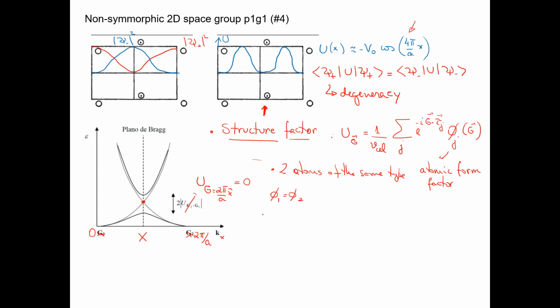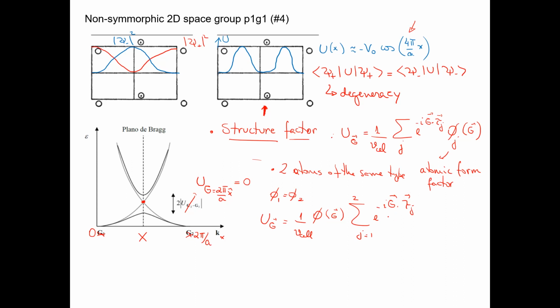So the Fourier transform of the crystal potential is simply phi times this interference factor, which is sometimes called the structure factor, the sum over j equals 1 or 2 of e to the minus i G dot tau j.